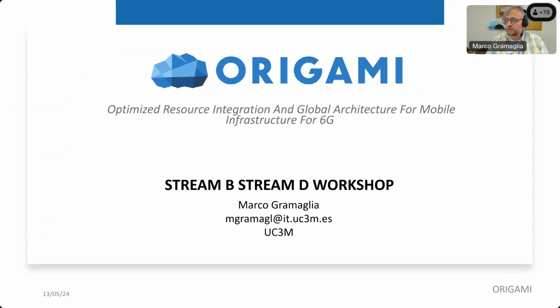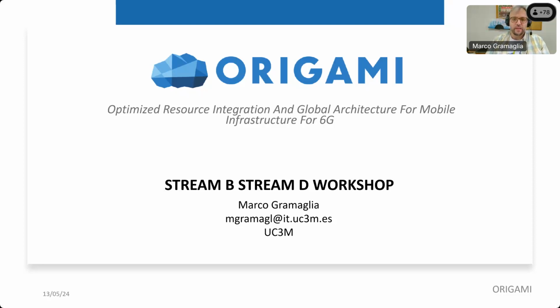We are participating in this workshop, co-organizing it with the idea of exchanging our view on what are the KPIs that we are going to measure, the target values that we are trying to achieve, and then some initial discussion on the KVI framework, which for us is a bit hard to tackle. So we hope to learn and exchange with you on this topic.